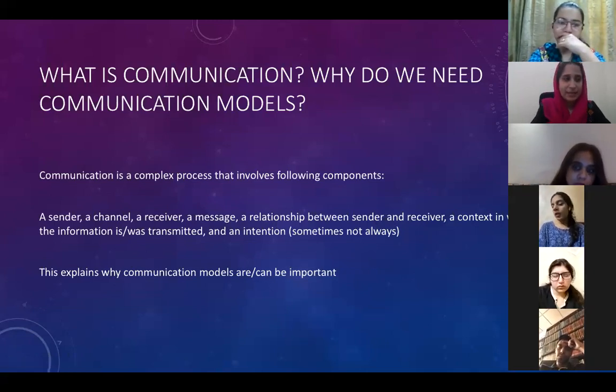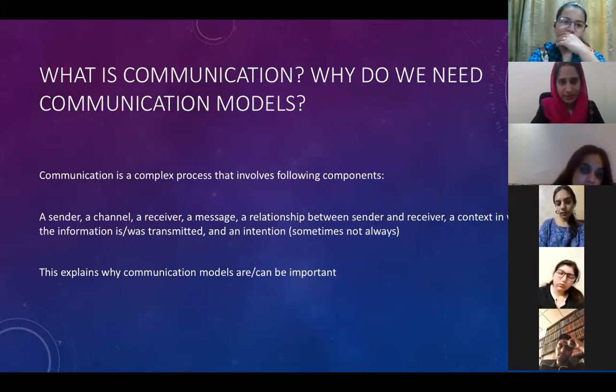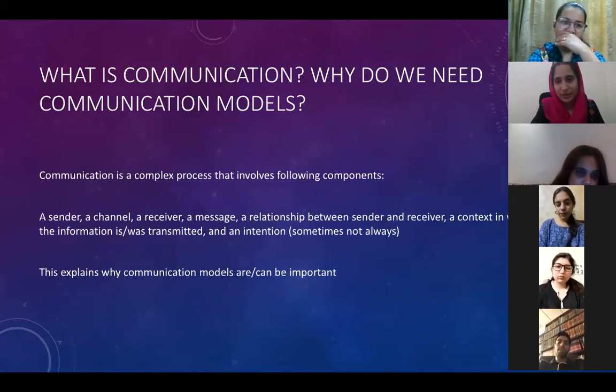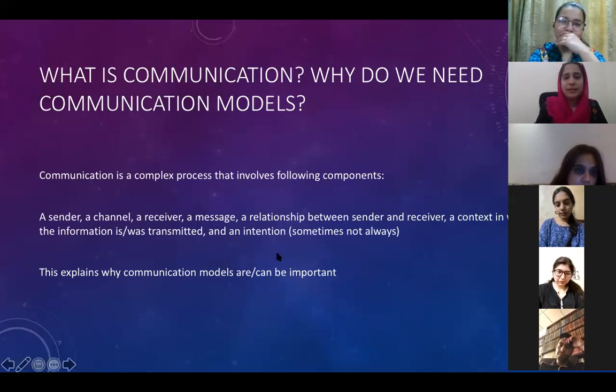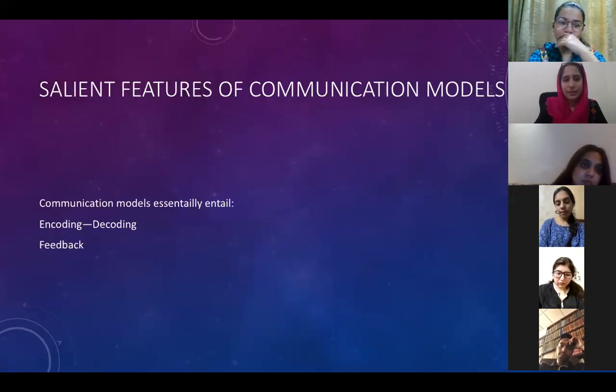In advertising, there is an intention: the advertiser wants the audience to buy his product. So there is usually an intention in the dissemination of information. However, this is not always necessary. All of this explains that communication is a complex process, and for that we need to study communication.